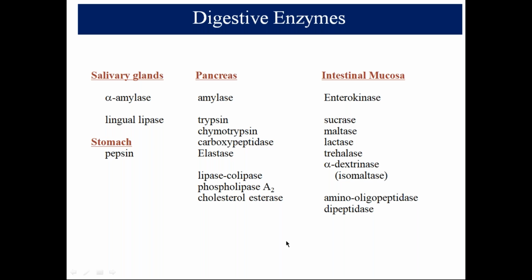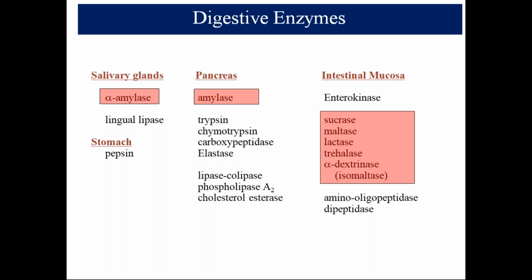So this table is basically showing you the portion of the GIT which is secreting the enzymes. You have the accessory glandular tissues which are secreting enzymes. You have stomach, you have intestinal mucosa which also secretes digestive enzymes.